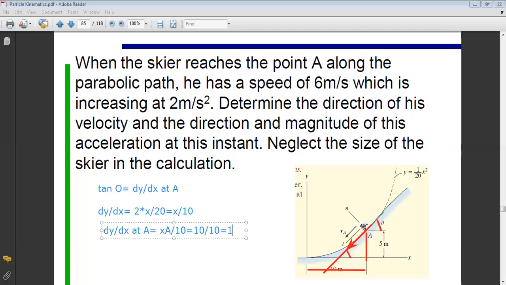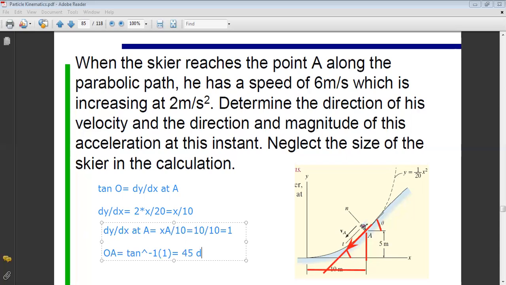Okay, so if tangent theta equals 1, what will be angle theta? 45, yes, exactly. So theta A is tangent inverse of 1, which is 45 degrees.